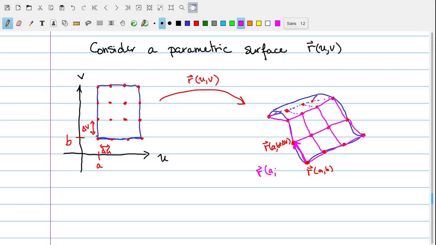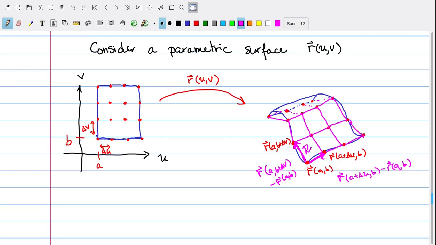Similarly, the right vector is given by the difference of points, where I plug in (a plus delta u, b) and just take the difference there. So that vector on the bottom is given by r of (a plus delta u, b) minus r of (a, b). And if I take the cross product of these two things and take the magnitude, that'll be the area of that first patch of the quilt.